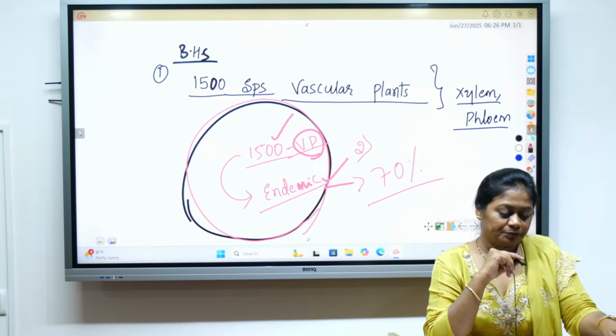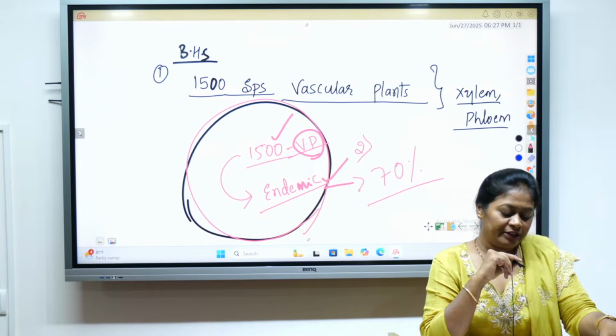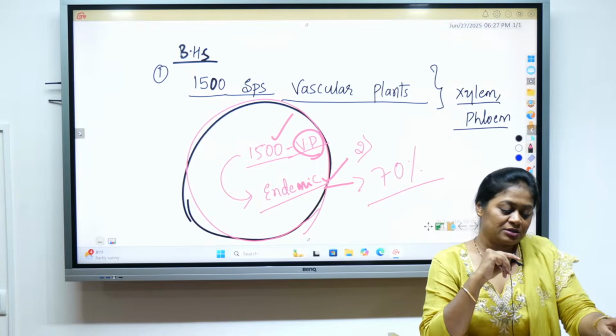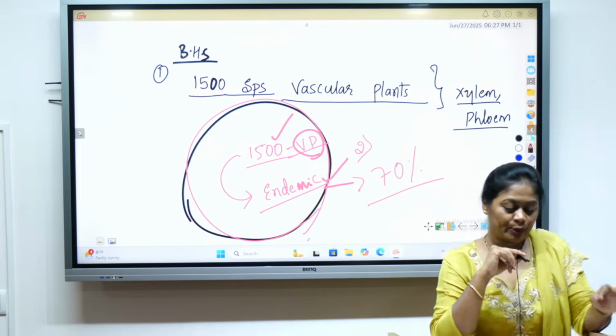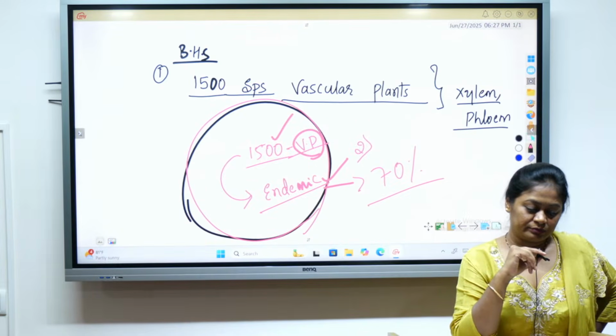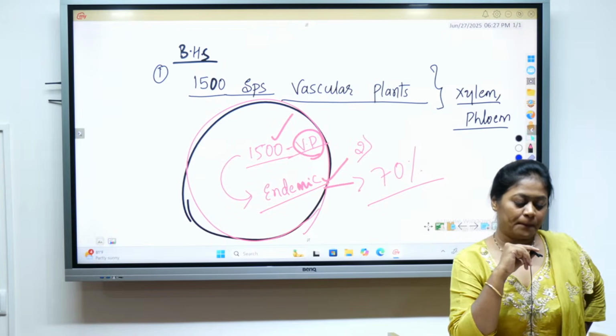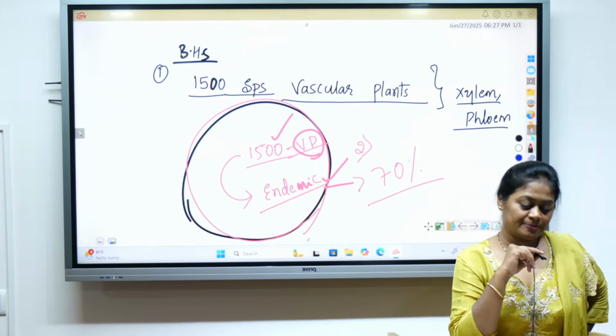Currently there are 36 biodiversity hotspots present on Earth's land surface.